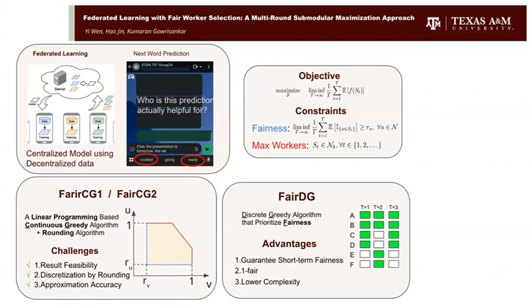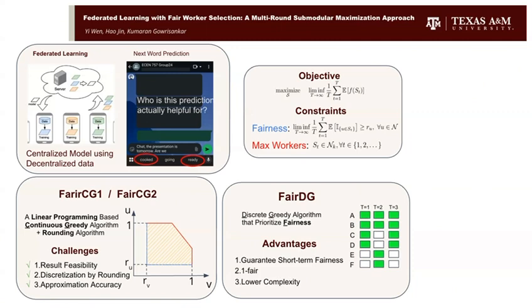The key idea originates from the classic discrete greedy algorithm, but instead of always selecting workers based purely on marginal utility, FairDG first checks if any workers are behind in their fair share of selections. If the number of such workers is less than the number we need to select in the current round, we simply choose all of them and fill the remaining spots by utility.